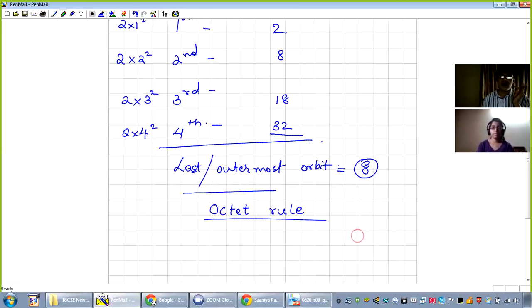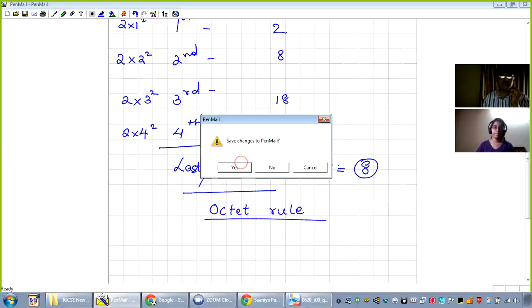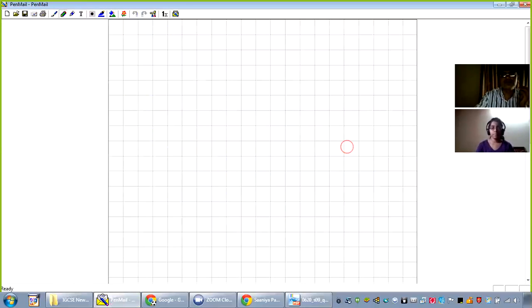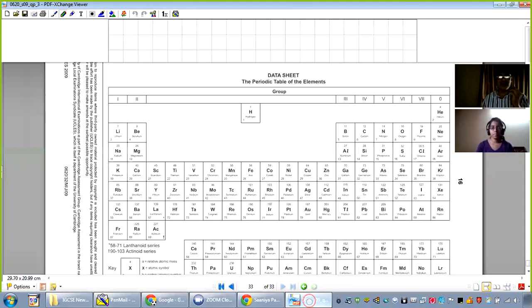Now on the basis of this, we'll work out some electronic configurations. We'll start straight away with the first element.